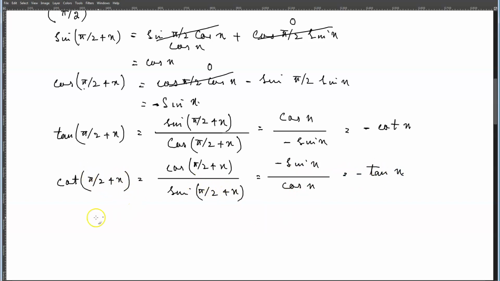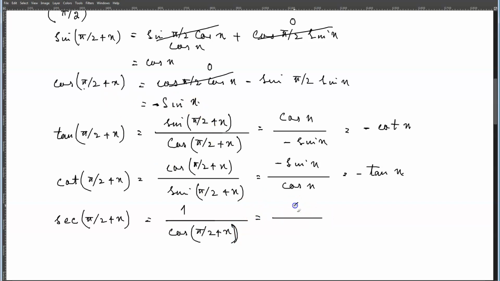Now, what is the secant of pi by 2 plus x? The secant of pi by 2 plus x is equal to 1 over cos of pi by 2 plus x, which is equal to 1 over negative sine of x, which is equal to negative cosecant x.